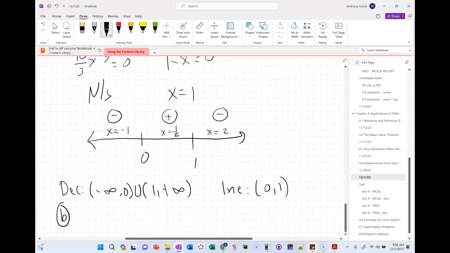Part B says to find the local minimum and maximum values. Given what we've just constructed here, the first derivative test seems like the obvious choice because we have everything we need to just analyze our answer. So at 0, we're decreasing, and then we start increasing. That makes us a local minimum.